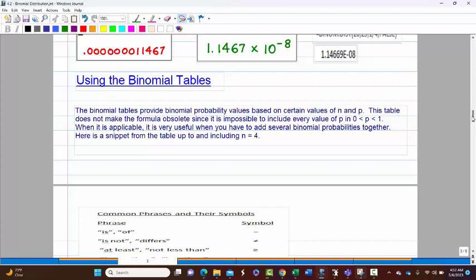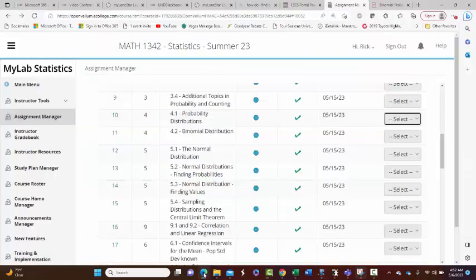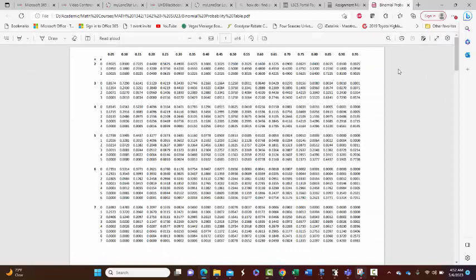now it's impossible to have a binomial table for every possible value of n and p, and this table only goes up to 20. So what I do on a test is just so you have this option. It may not be true on a homework, but on a test it can be, because I can keep the parameters within what fits this table.